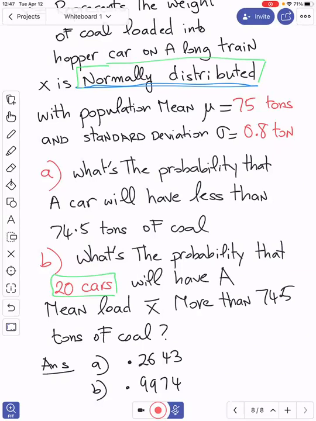Does anyone need more time? Did anyone get the second answer, the B?